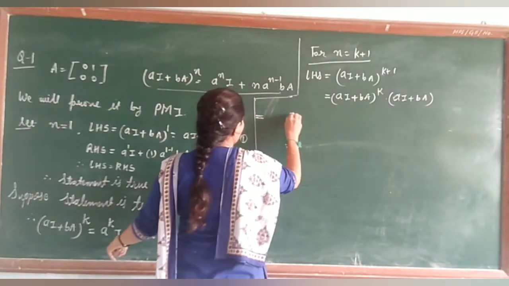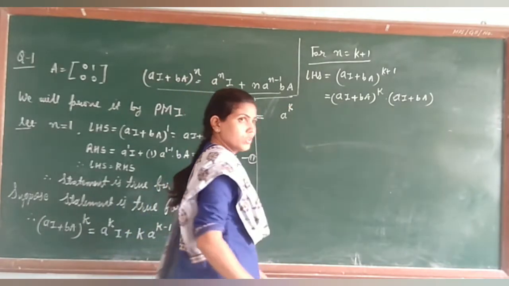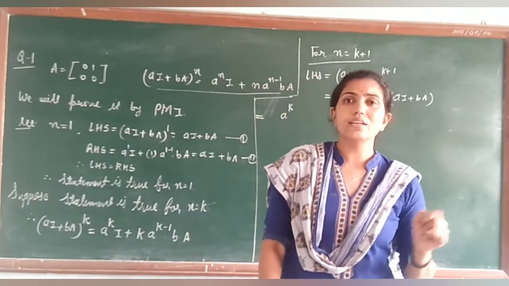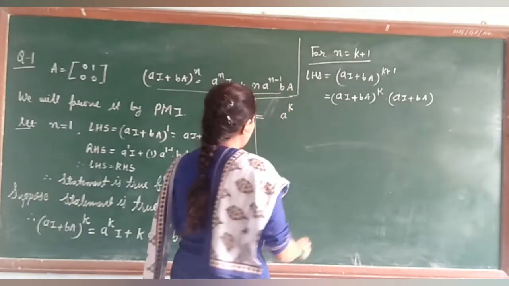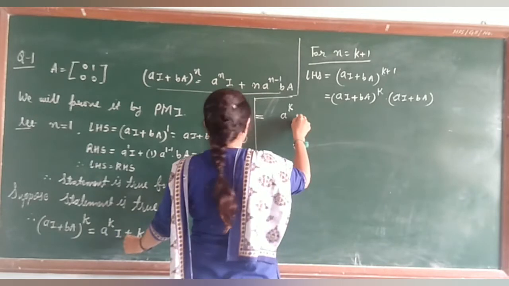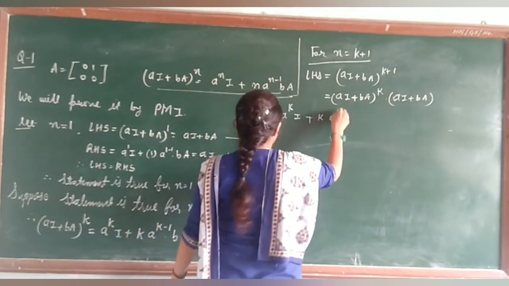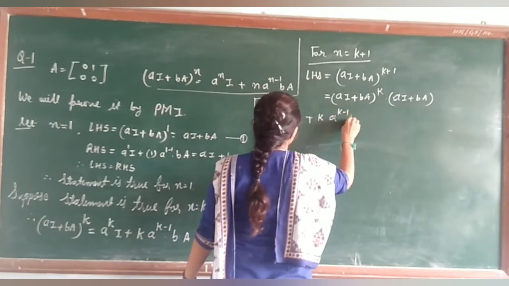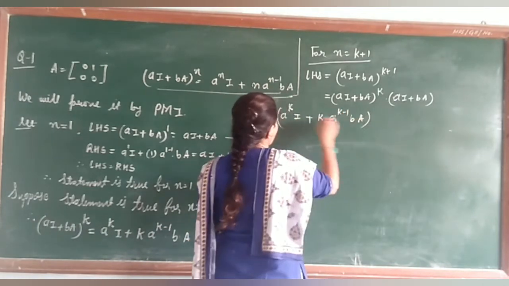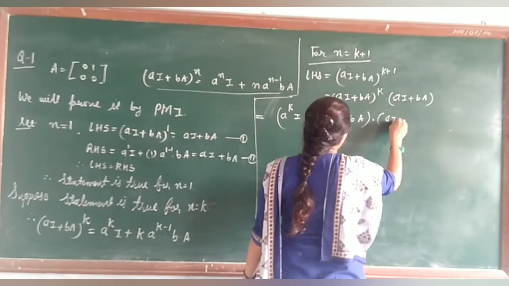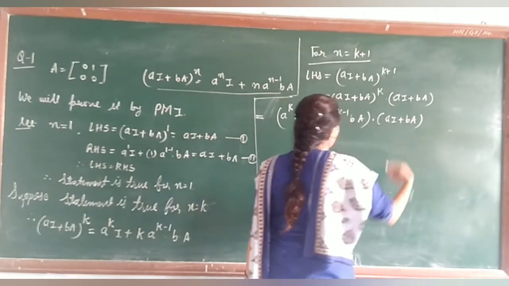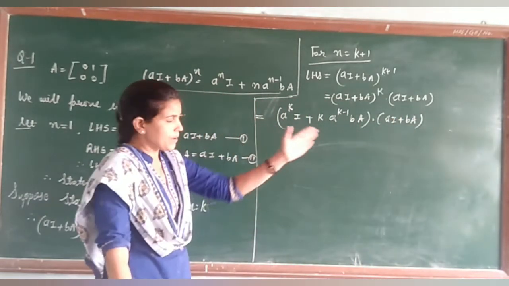Because our statement is true for n equals k, तो उसकी वैल्यू सब्स्टिट्यूट करें: a raised to k into I plus k a raised to k minus 1 b into A, into (aI plus bA).